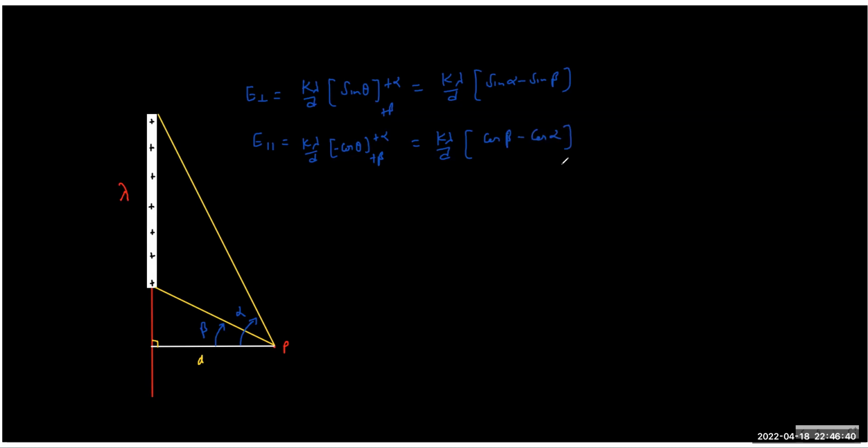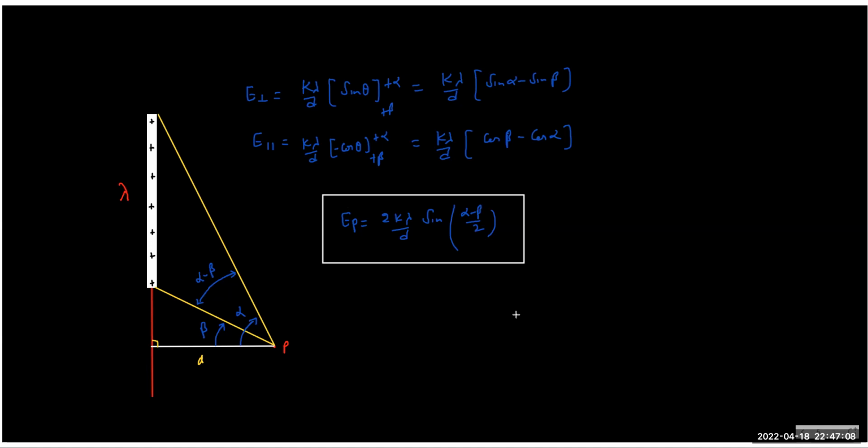So in case of the extended part, the only difference is the sign of the perpendicular component will change, and therefore the net formula will be the same: 2k lambda by d sine of the half of the angle subtended, alpha minus beta. So now this is easy to remember that it is half of the angle subtended, right? Yes, sir.